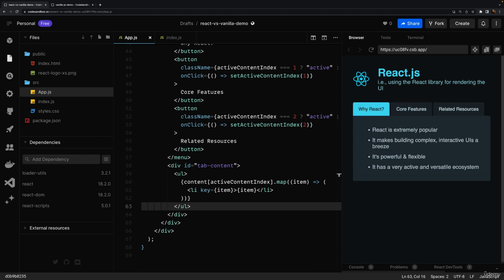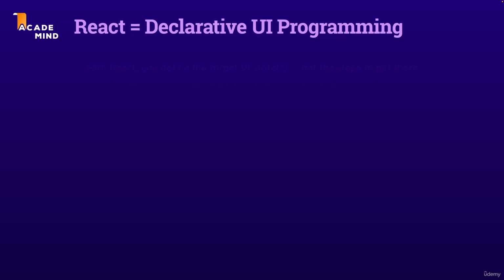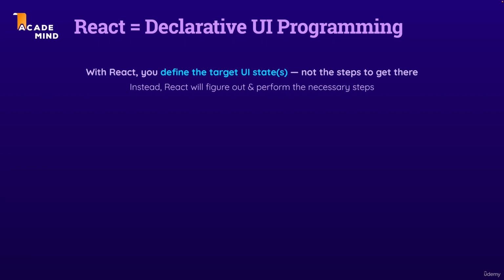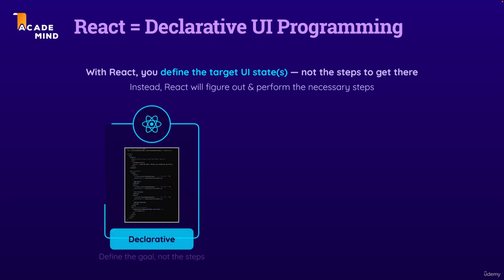It does all these things automatically for you. Because when working with React, you in the end write declarative code, which means you define the target UI state or states, not the steps needed to get there, and React will figure out how to get there and perform the necessary steps. So when writing React code, you're writing code in a declarative way.